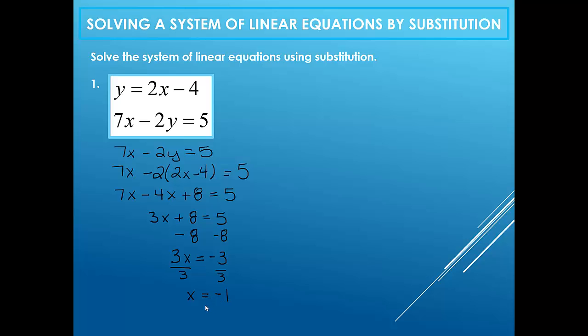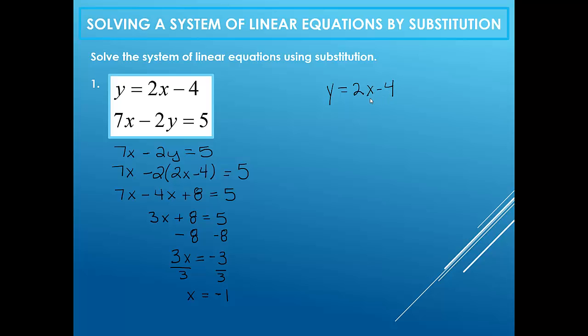Now I know what x equals, so I can substitute that into one of my equations and solve for y. It does not matter which equation I choose, both of them will give me the same result for y. So let's just choose the first one. I have y equals 2x minus 4.